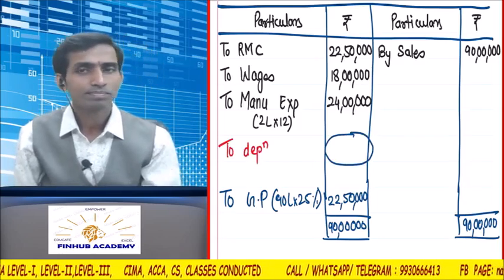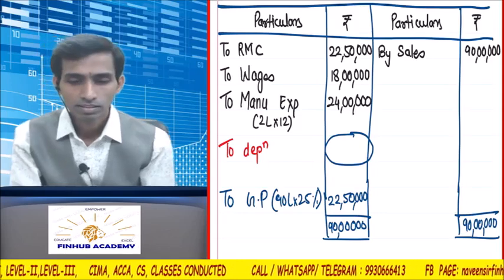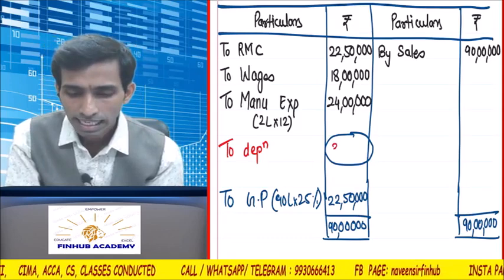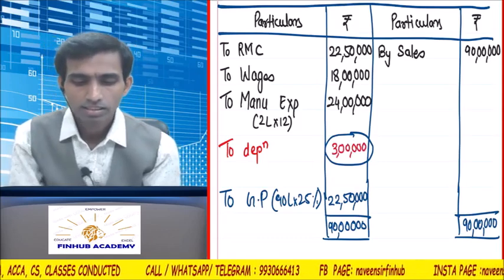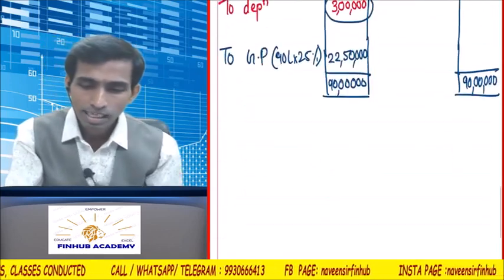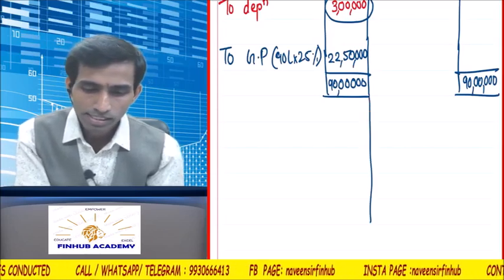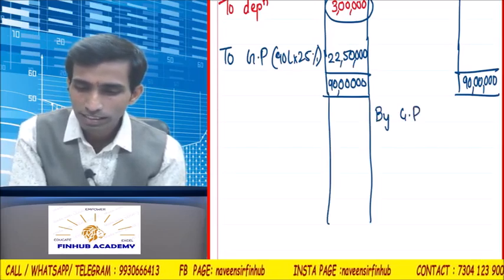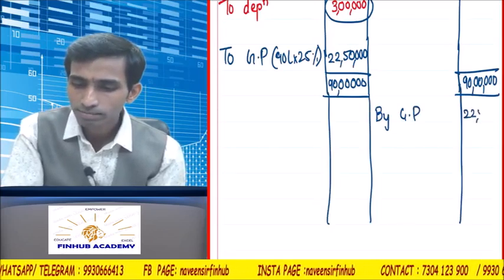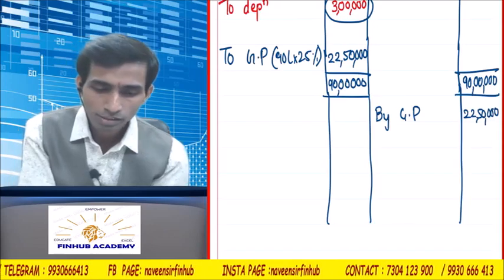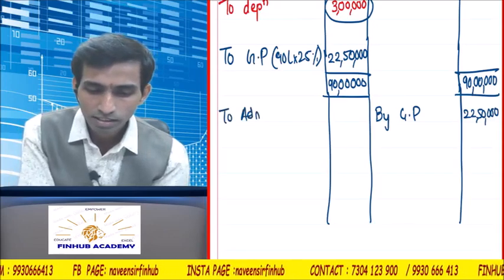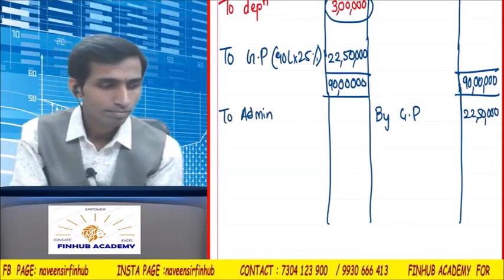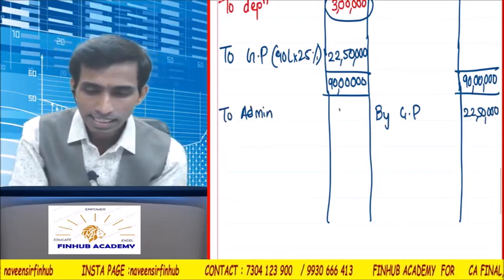Calculate the difference to depreciation. How much? 3 lakhs. Okay, I will write 3 lakhs. Done. Next, P&L, I'm continuing, later you can copy. By GP, gross profit comes this side. Gross profit is how much? 22 lakh 50,000. To admin expense, how much? 6 lakhs.